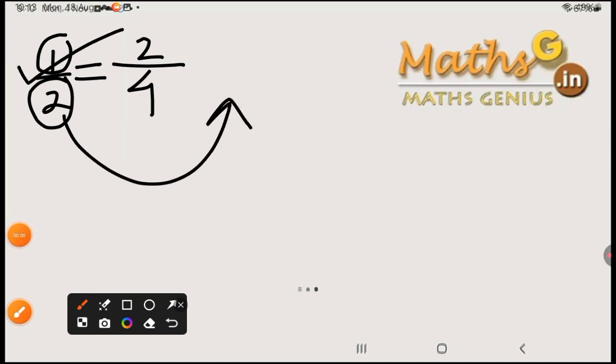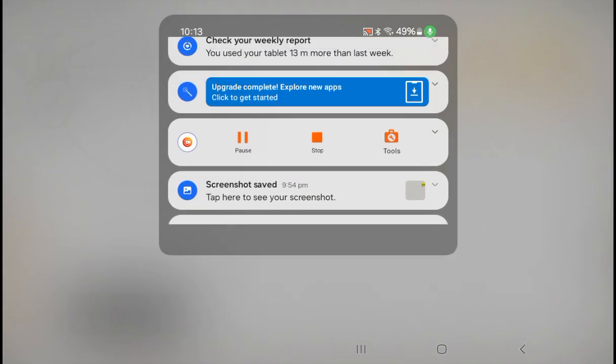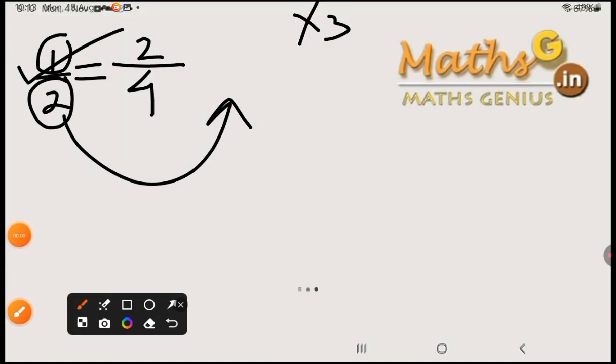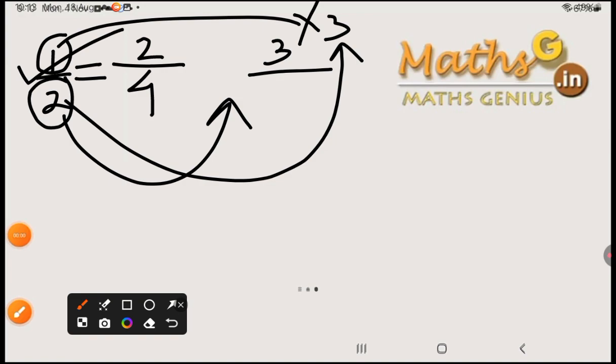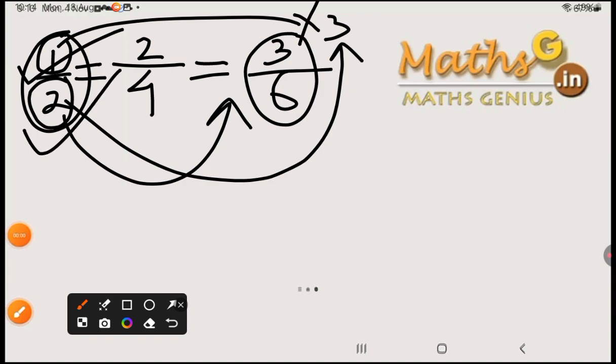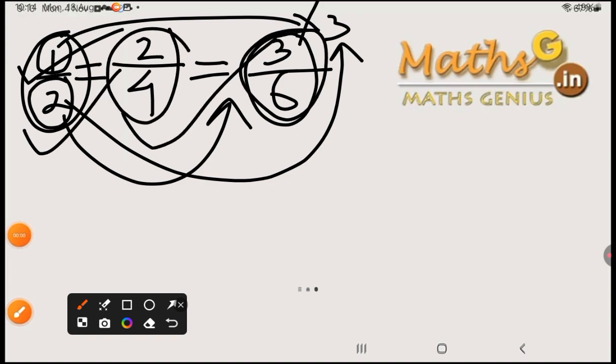Again, let's try multiplying with 3. So 1 multiplied by 3 is 3. 2 multiplied by 3 is 6. Is 3 by 6 equal to 1 by 2? Yes. Is 3 by 6 also equal to 2 by 4? Yes.